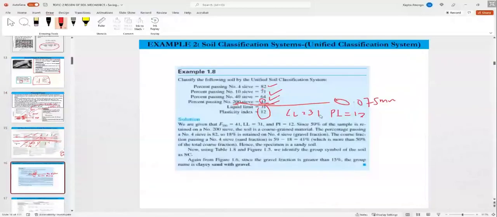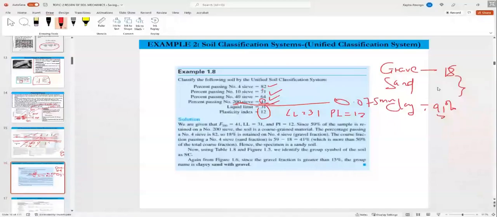So then we have percentage passing: there's a gravel portion, the sand portion and the clay portion. Clay is about 41%. Sand is about, no, sorry, gravel is 18%, and the remaining is close to 40%, maybe 42% or something.